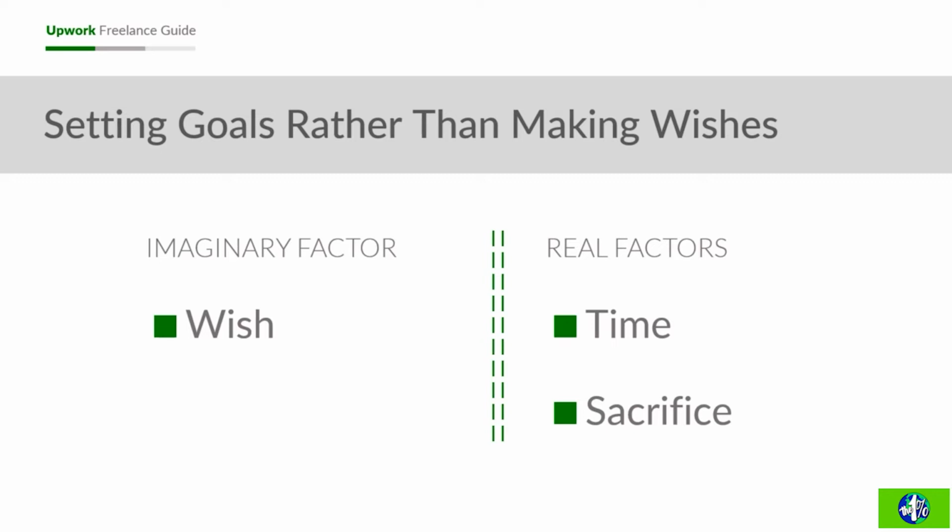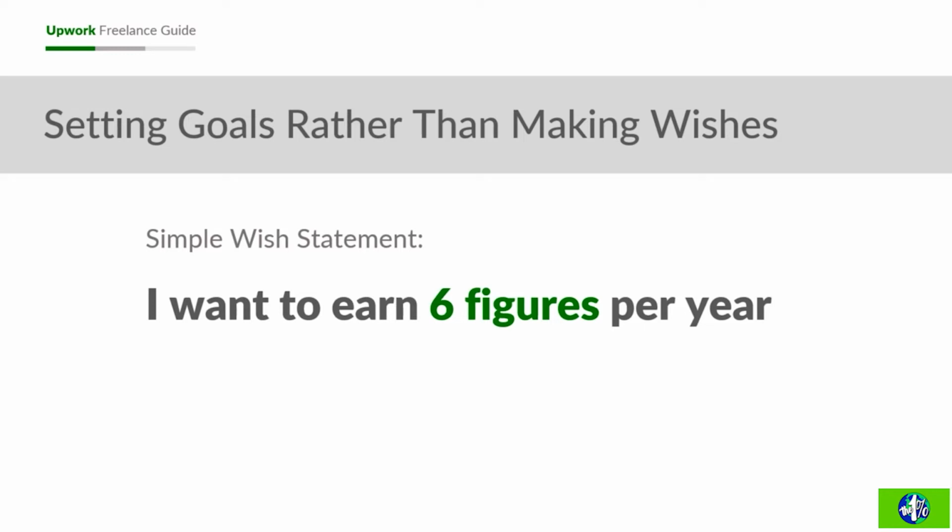Okay, let me explain it with an example. Suppose you want to earn six figures a year. So, if you write it down, your wish statement will look like this. I want to earn six figures per year. See, this is just your imagination.